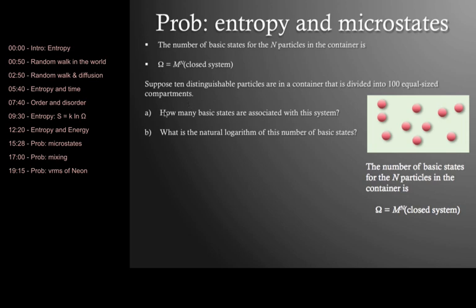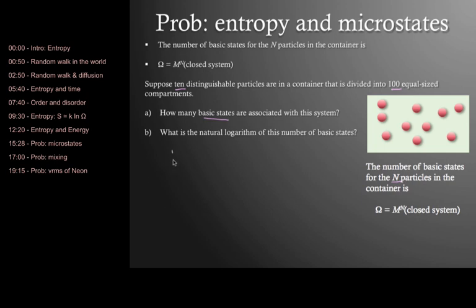Let's look at some problems. Here we have a system with a bunch of particles, n number of particles. We would like to know how many basic states are in this system. Here we have 10 particles in a system that has 100 different compartments.